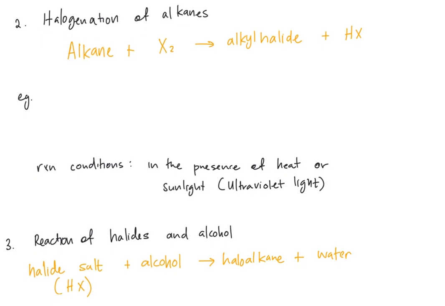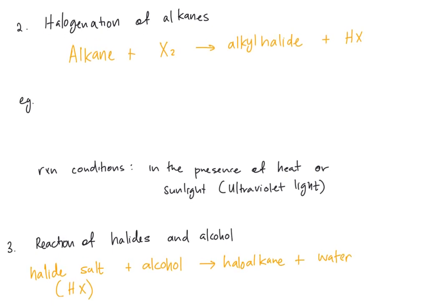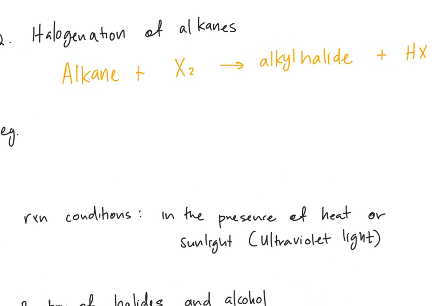All right, the next thing you have is the halogenation of alkanes. So what you've got is an alkane, and added to that alkane, you've got a diatomic halogen. So that's what that X represents. You then end up with an alkyl halide.